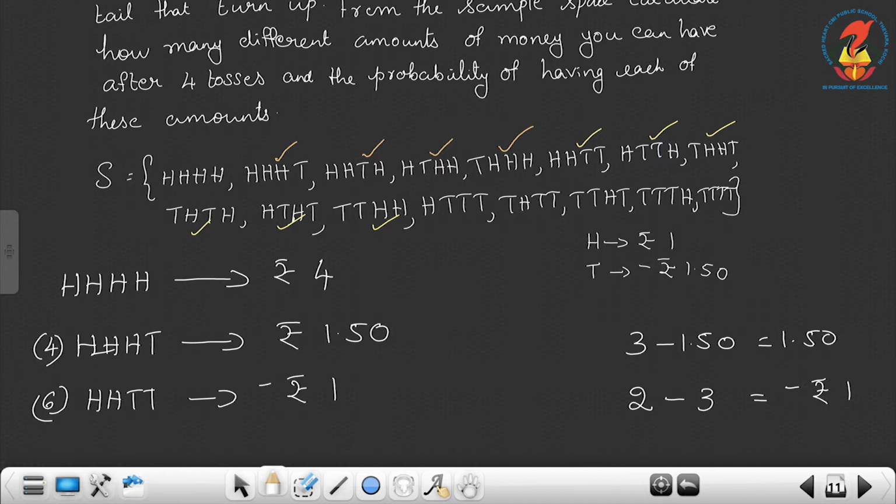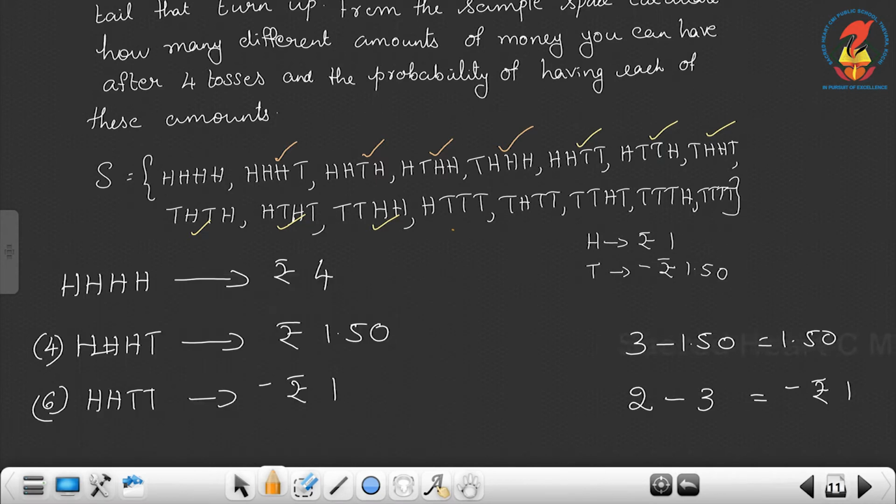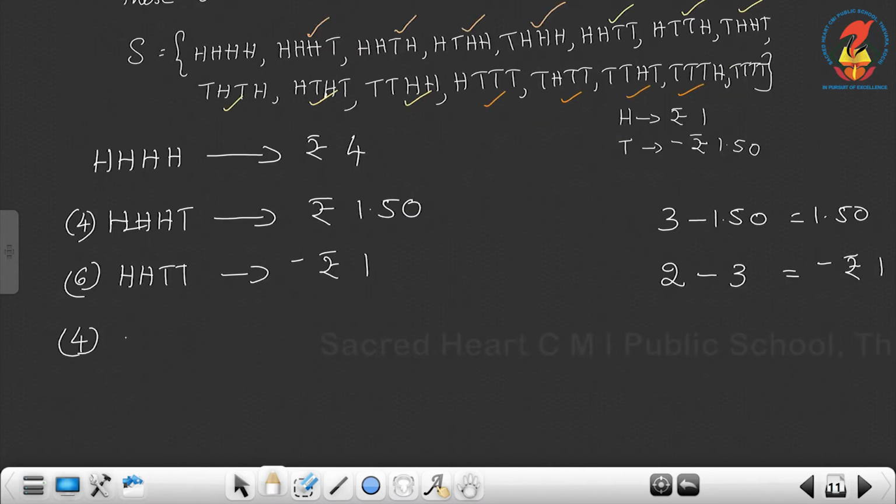Minus. Now which case? Triple T and 1H. That is 4 cases. H and triple T. So for H, rupees 1, and minus 3T.